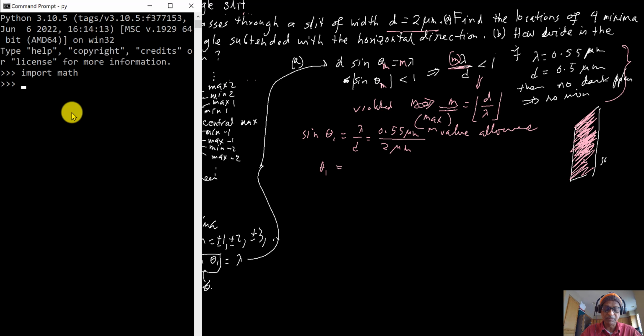Okay, so say convert equals 180 over math.pi, that's the angle conversion, and then we will have theta 1 equal to convert times arc sine of 0.55 divided by 2.